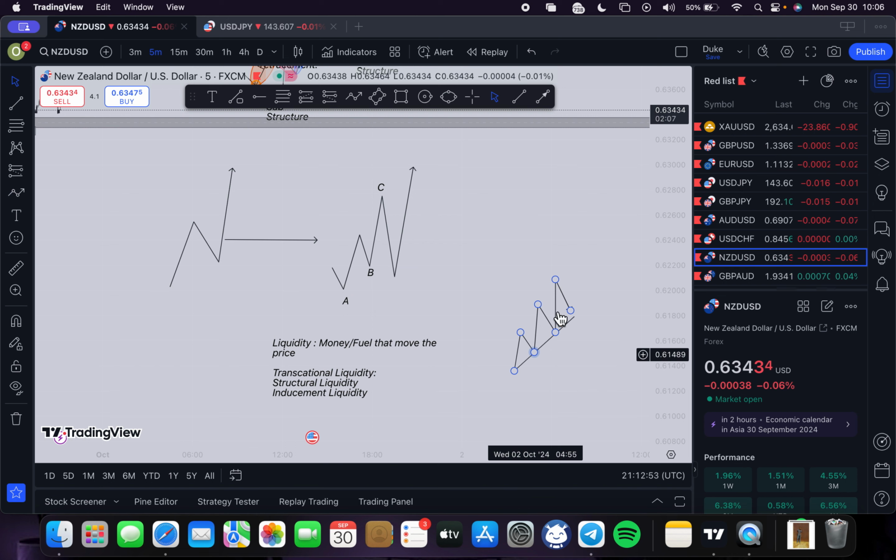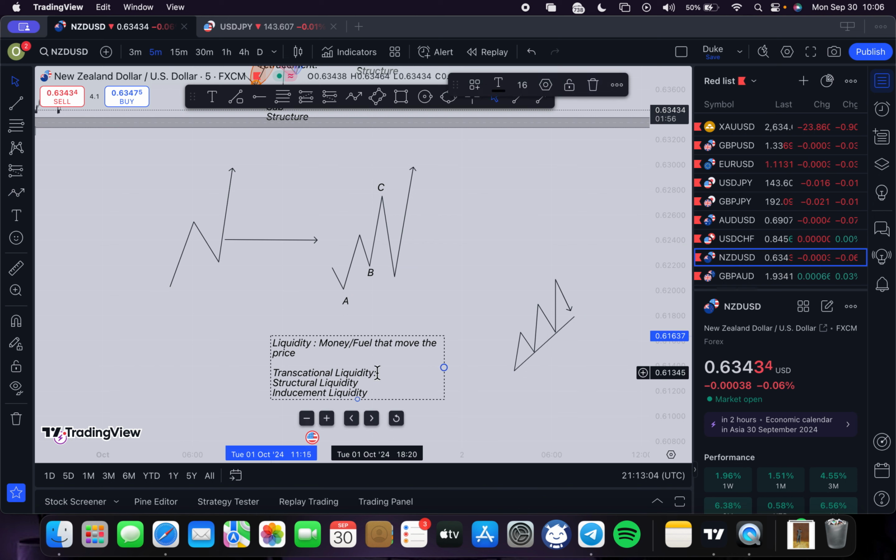If you are not careful, price will clear you out to take your money to continue the upwards movement. That is what is called transactional liquidity. It is the correction in the market. I'll just write correction here. If you don't understand, let me know.